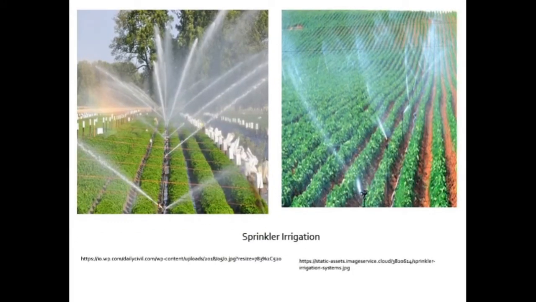It simulates natural rainfall to spread water in the form of rain uniformly over the land surface just when needed, and as much as needed, in a uniform pattern and at a rate less than the infiltration rate of the soil, so as to avoid surface runoff from irrigation.